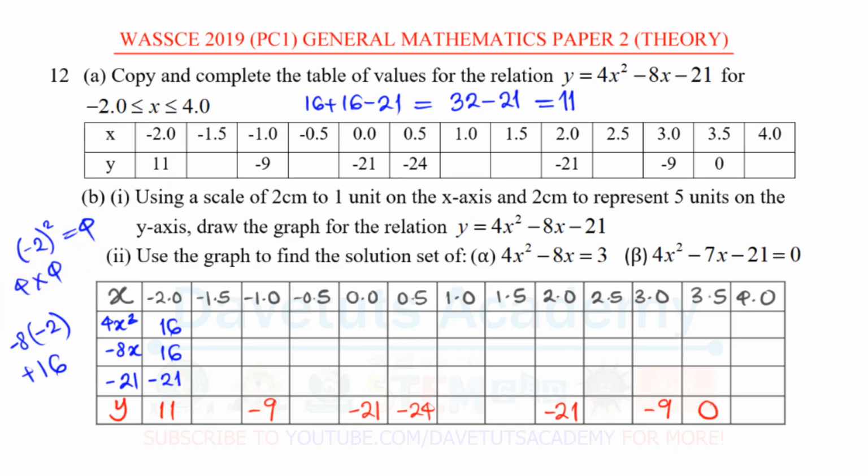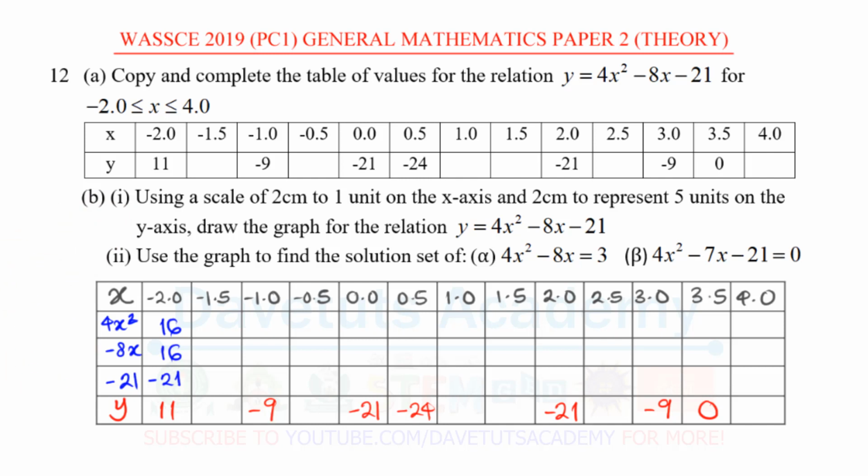So it is this format that we're going to use to compute all of the other values, and I will just do two examples, and then I will populate the table so that we can move on with the question. Okay, so now let me take this particular first entry. We have minus 1.5. First, we need to find the square of minus 1.5.